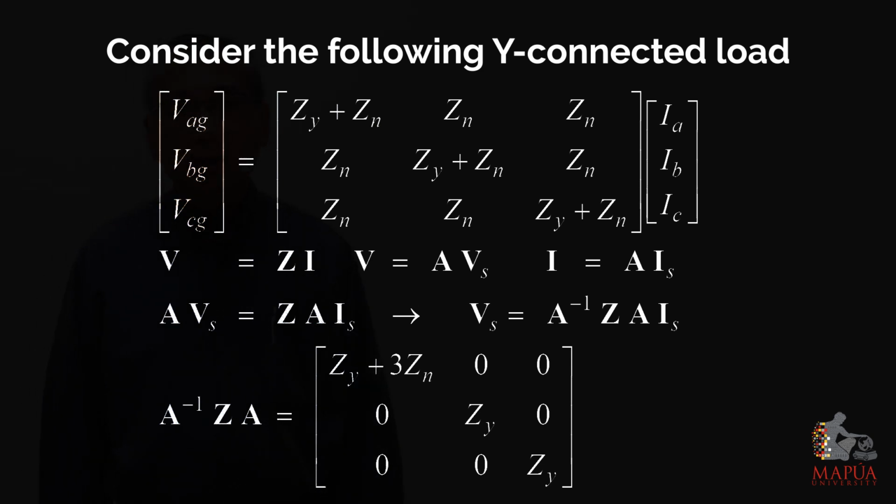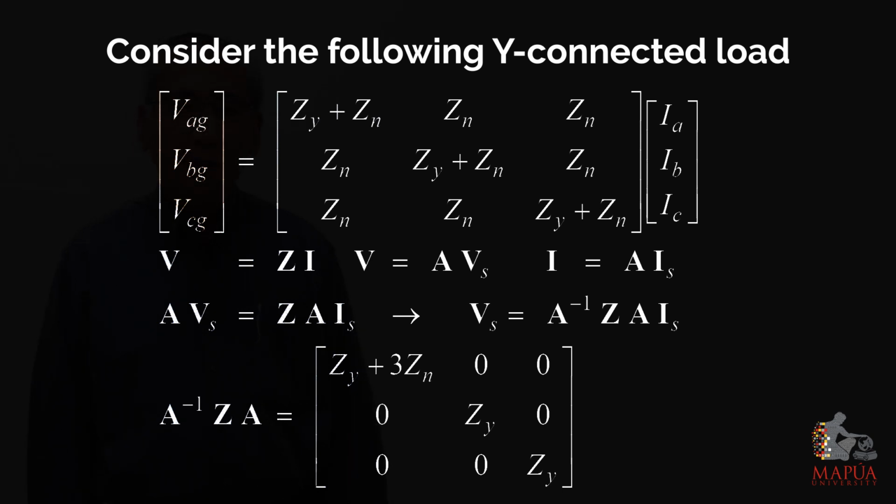If I now consider the impedance matrix to be multiplied by the A matrix and the inverse of the A matrix, so A inverse and the product of A and the impedance is now equal to this 3 by 3 matrix composed of the elements ZY plus 3 ZN, 0, 0, 0, ZY, 0, 0, 0, and ZY.